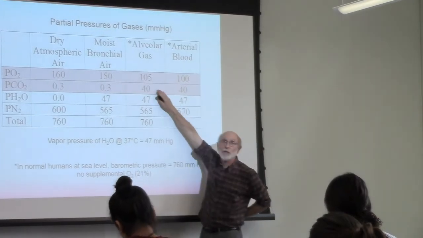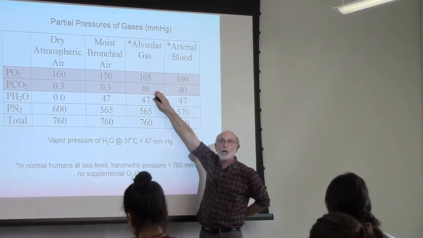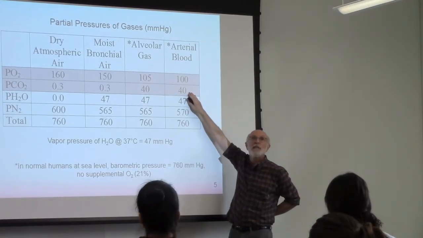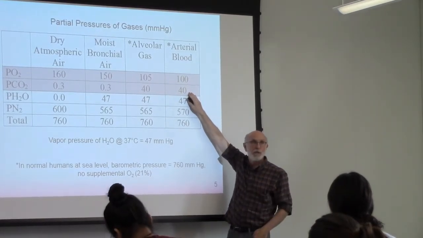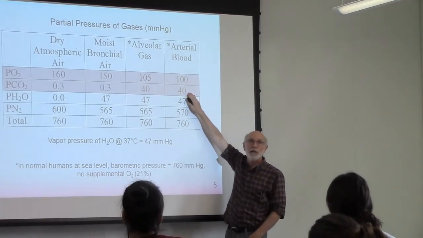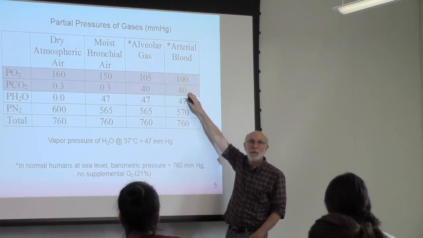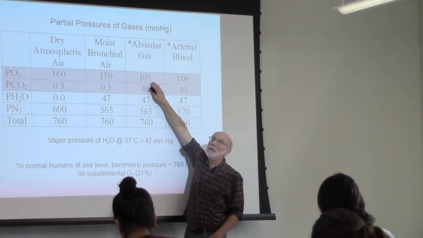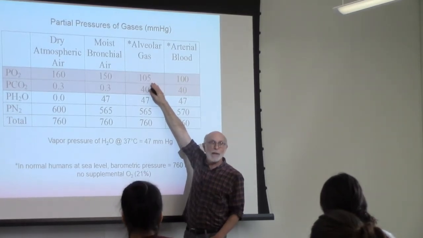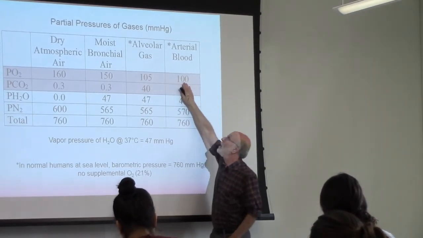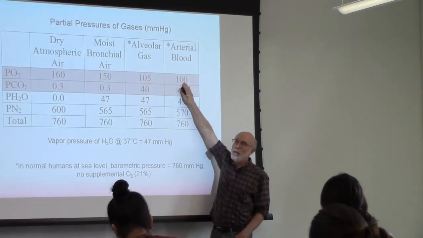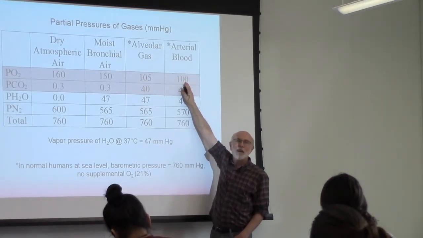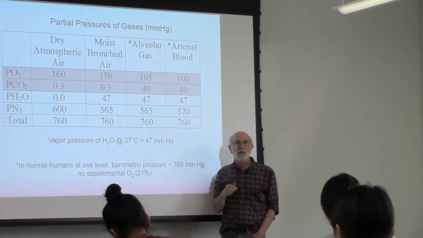The alveolar partial pressure of CO2 is equal to the arterial partial pressure of CO2 because of perfect equilibration of CO2. The alveolar partial pressure of oxygen is slightly higher than the arterial partial pressure of oxygen because of not quite perfect equilibration.